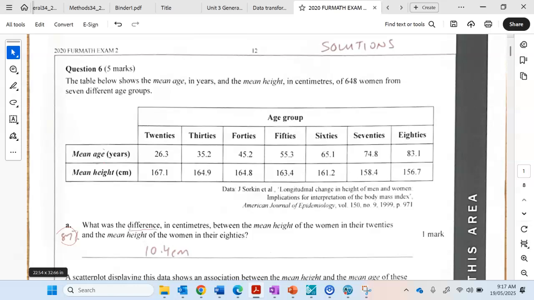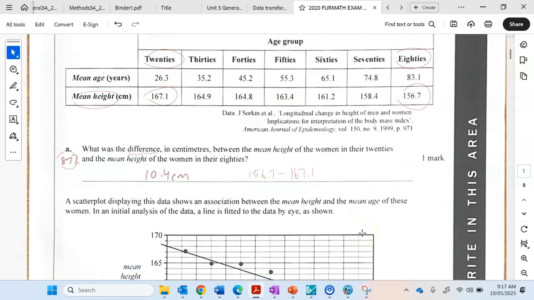You subtract your lowest number from your highest number, between mean height, so we're looking at the mean height of the women in their 20s, which refers to this value here, and the mean height of women in their 80s. So we're just going to take the highest number and subtract the lower number, and that'll give you 10.4 centimetres.